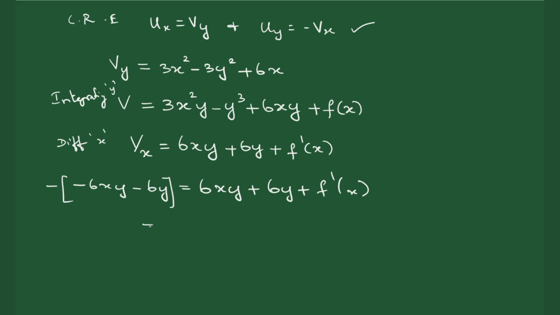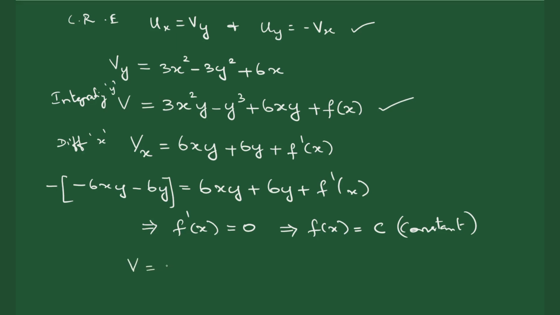So totally both the terms get cancelled, and finally we get f dash of x is equal to 0, which implies f of x should be a constant term. Let us take it as c, right? Since we have finally concluded f of x is a constant c, here we can substitute in this v.